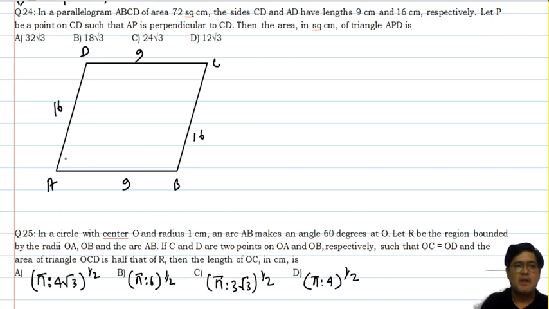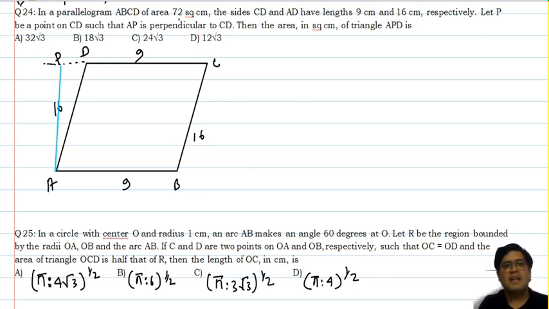So guys, because I'm assuming this manner, it appears to me I will have to draw CD outwards and there I will have to put a perpendicular. Here, let us imagine this is the perpendicular AP.